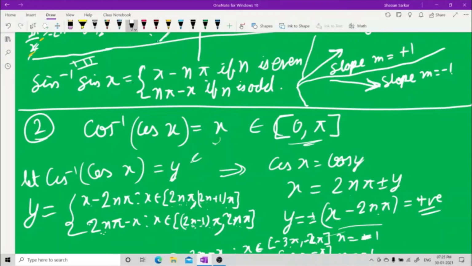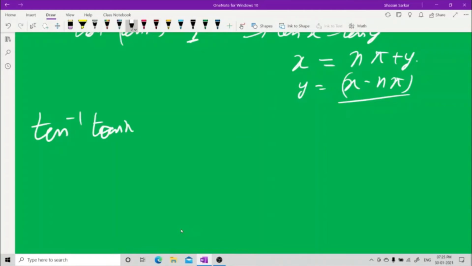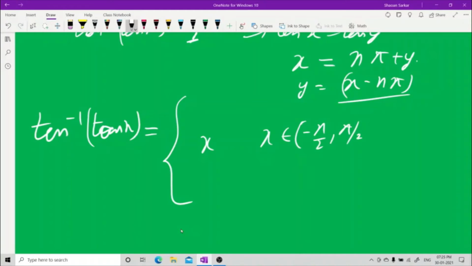Okay. Now come to tan inverse. See, very simple it is. Here you may see this tan inverse tan x is equal to x, with x belonging to the open interval minus pi by 2 to pi by 2 for n equal to 0.